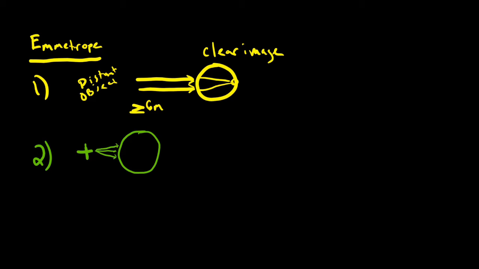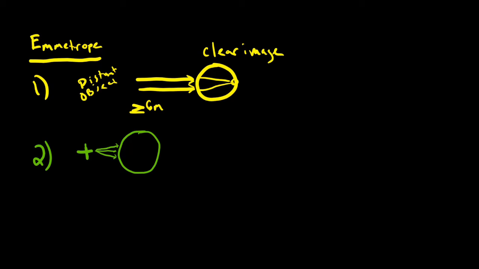Okay. Now, when the rays of light coming in are divergent as opposed to parallel, like we see in example 1, what's going to happen is the eye, as you recall from the last video, the eye has a bunch of convergent power. So it will converge those rays to some degree, but it has the same amount of power that it had in the example where the rays are parallel.